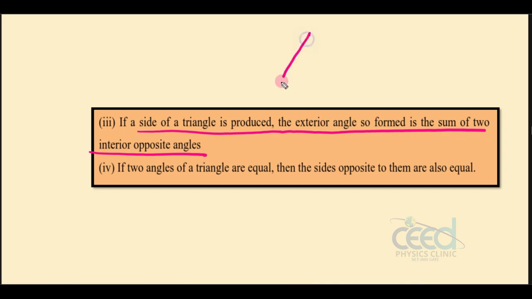For example, suppose you have a triangle, and you produce one side to form an exterior angle.